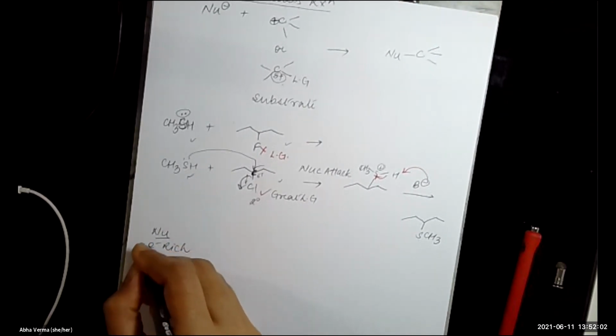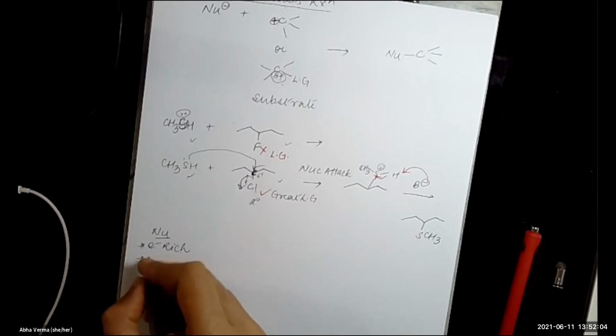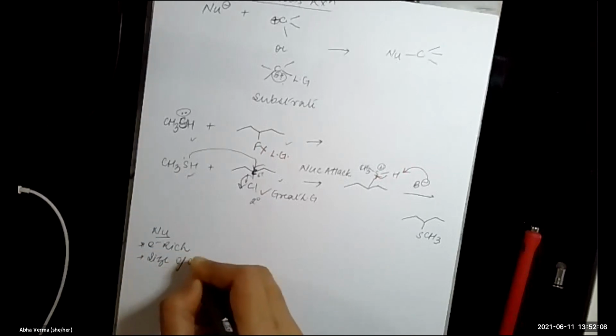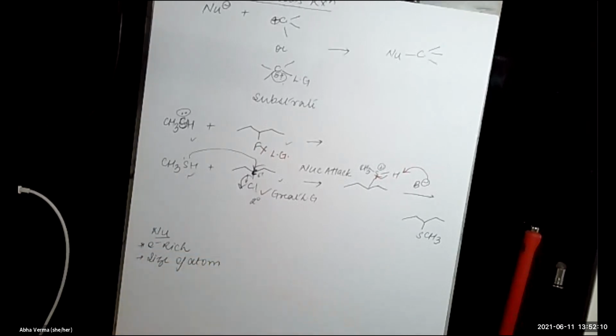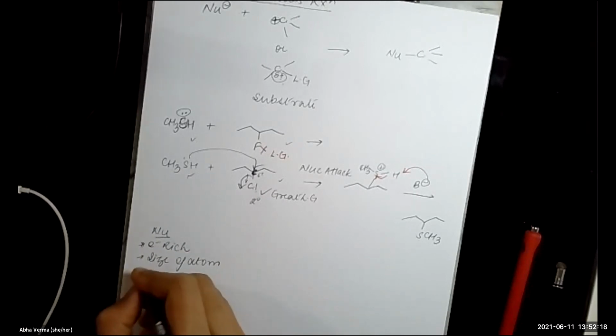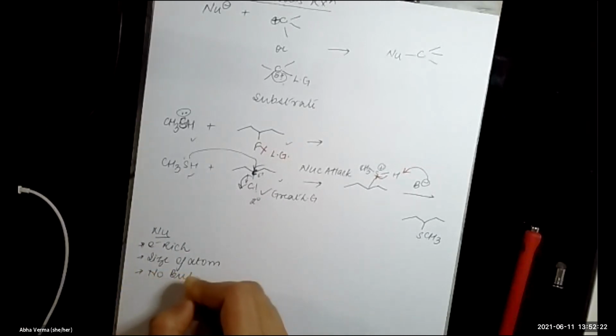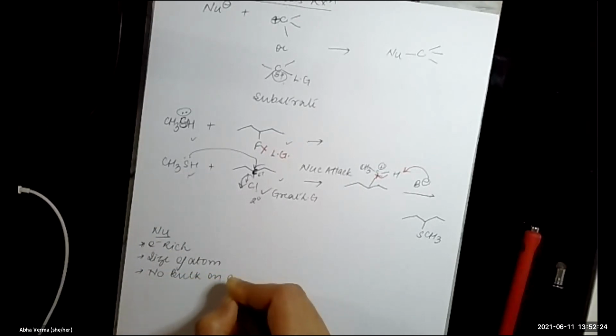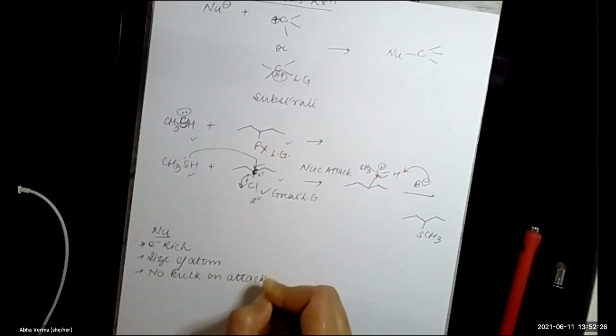Just like bases, the size of the atom helps make the nucleophile even stronger. The only difference between a nucleophile and a base is that it does not like bulk on the attacking atom.